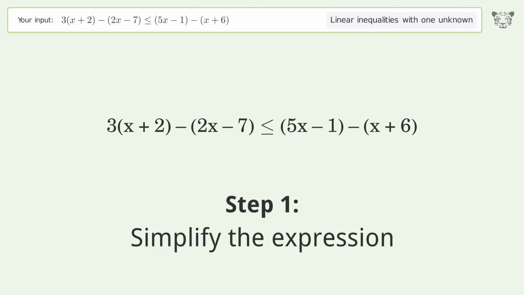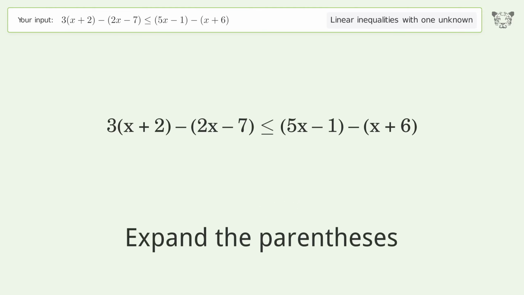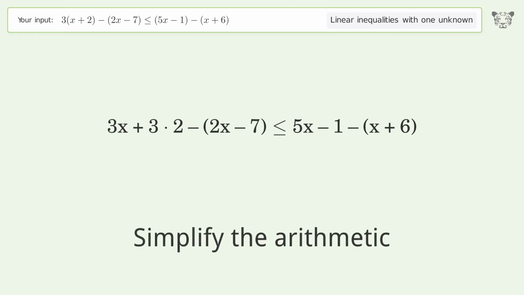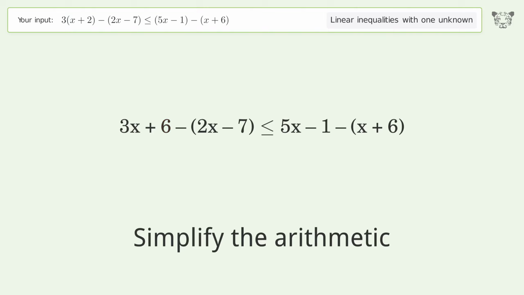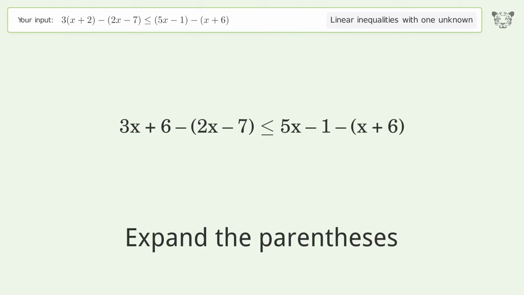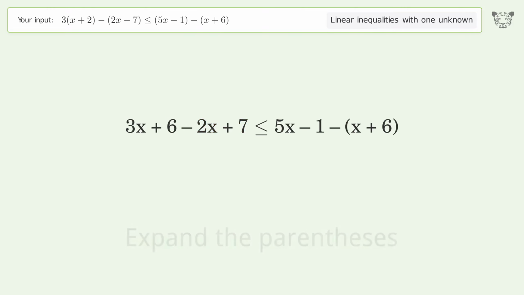Simplify the expression. Expand the parentheses. Simplify the arithmetic. Expand the parentheses. Group like terms.